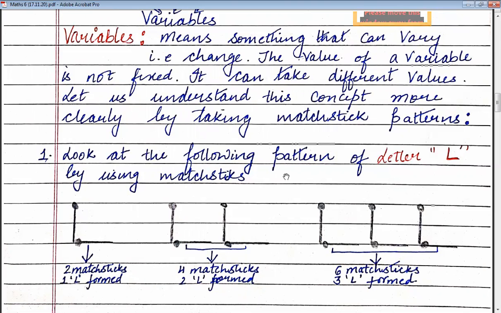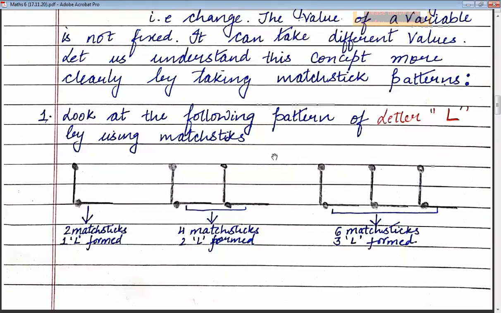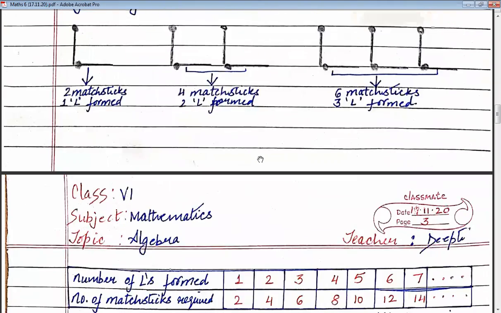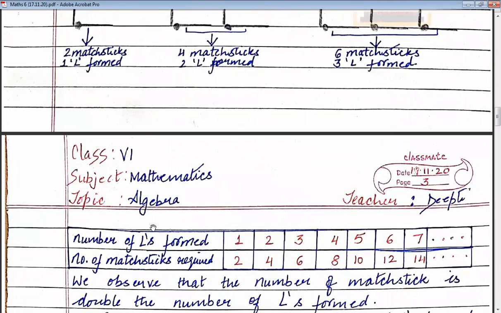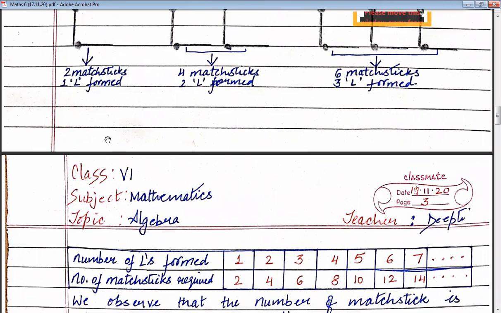So let's write these values in a proper way. Now children, we have written all these things in a box. Number of L formed. Children, you can see from the above picture that if we need 1 L, we need 2 matchsticks. Now look at the next, 2 Ls. If we want to write 2 Ls, how many matchsticks do we need? 4 matchsticks.